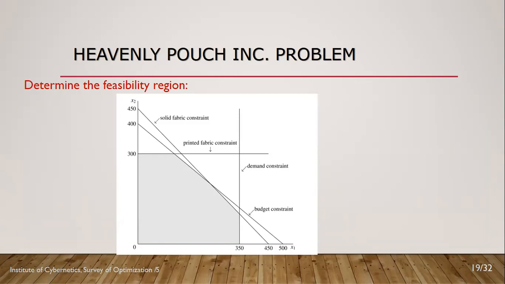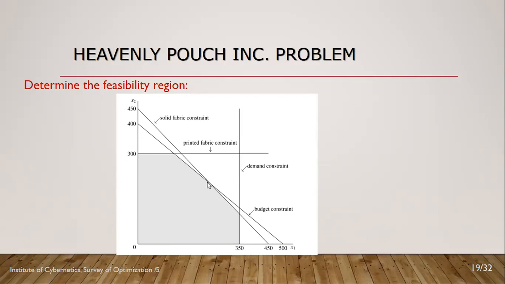So we can find the points of intersection of different lines here, for example, the budget constraint and the solid fabric constraint. Here they intersect. This we do in a standard algebraic way. We turn them into equations and make them equal, and then, using substitution or some other tools, we can find the point of intersection.